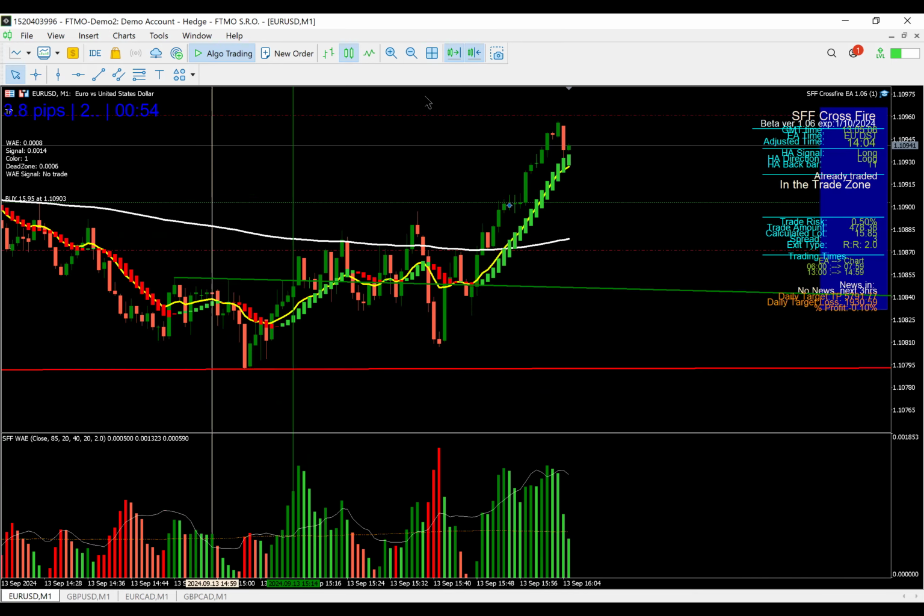I'm thinking, what would I do if I was trading this for real? I might be tempted to get out now because I've got 3.4, 3.5 pips. I might be tempted to get out and not risk losing any more. Hang on a minute, it's going back up again.